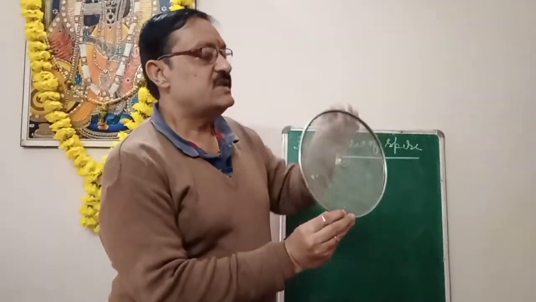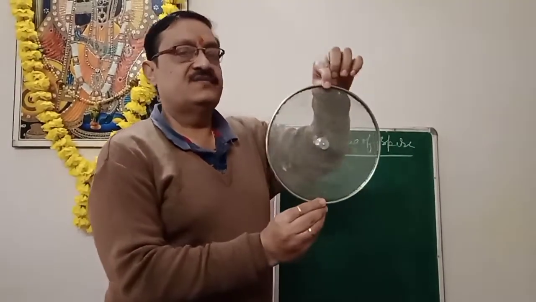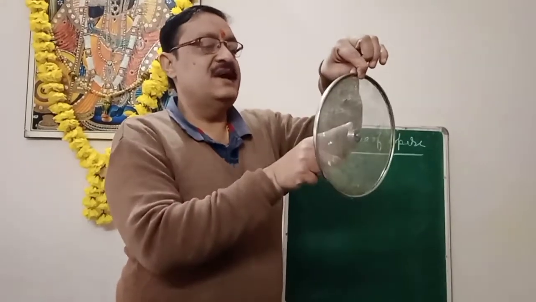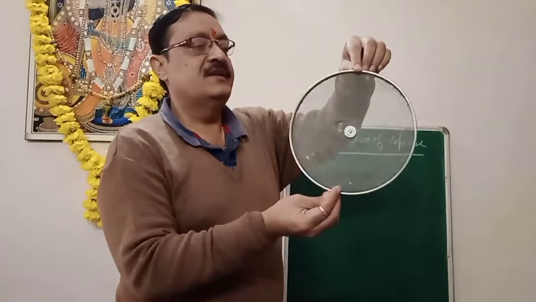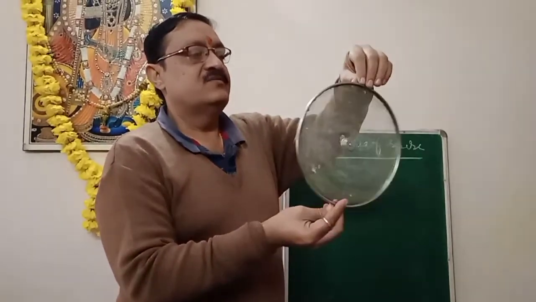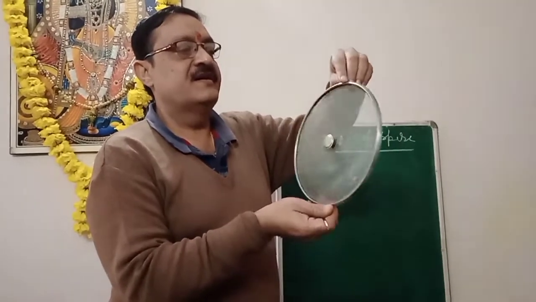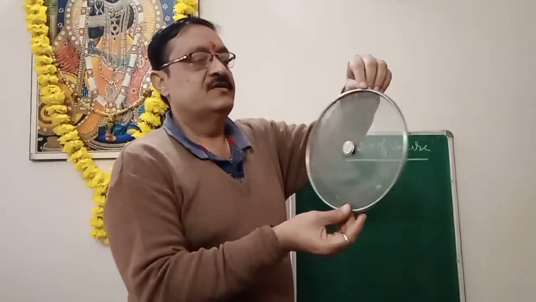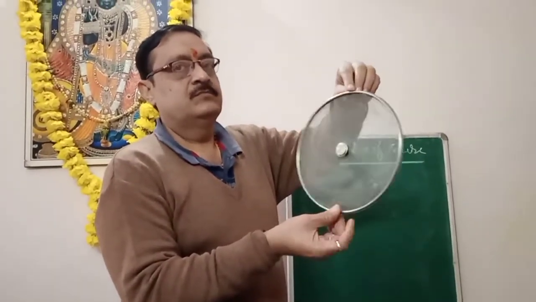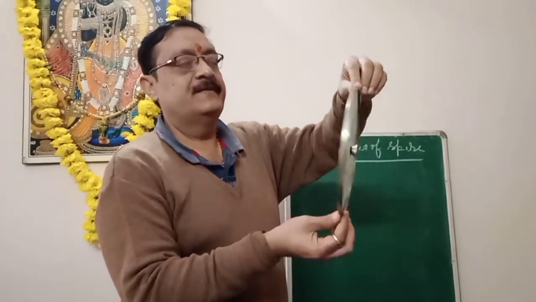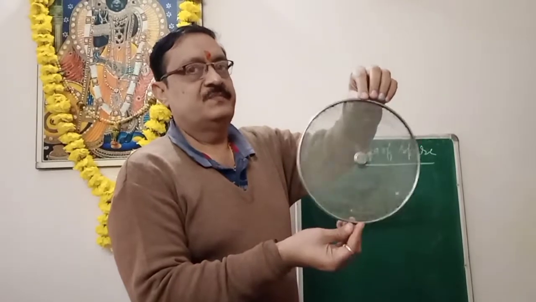Now, I am holding this circle along this diameter, and when I rotate it, this rotation of the circle creates a figure which is a sphere. If I rotate this, then the structure created is called a sphere.